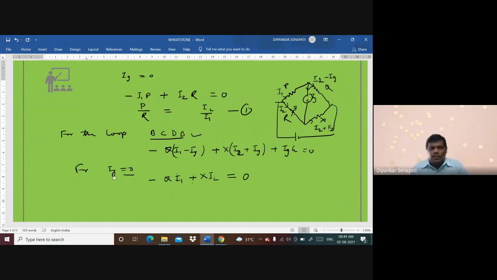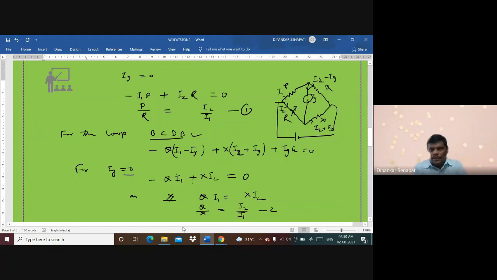Let me proceed like this: Q into I1 equals X into I2, or Q by X is equal to I2 by I1, equation number 2.